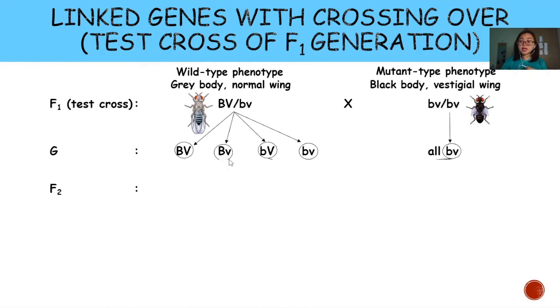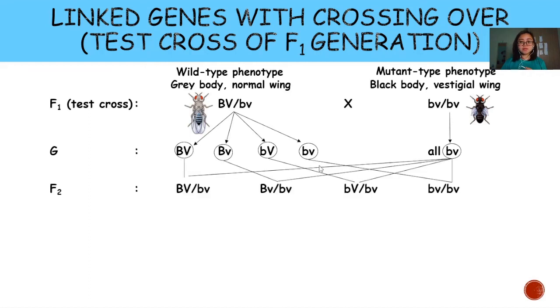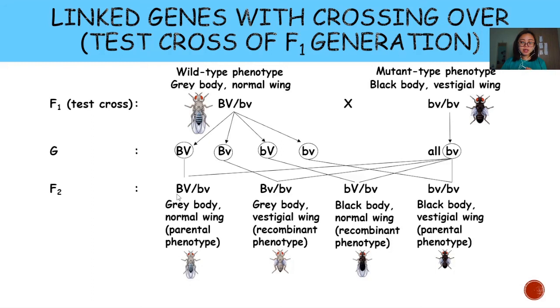Dan disebabkan dia ada buat crossing over semasa meiosis 1, kemungkinan dia boleh dapat B besar, V kecil, B kecil, V besar. Yang test cross ini dia memang B kecil, V kecil sahaja. So kita boleh buat silang macam ini. Dan kita akan dapat gray body normal wing, gray body vestigial wing, black body normal wing, black body vestigial wing.